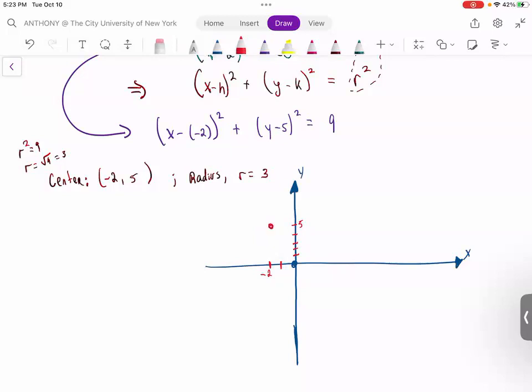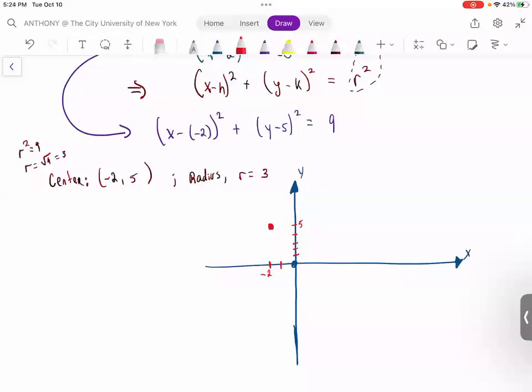If you want to get additional points, you use the idea or the definition of the radius. The radius gives you the distance between any point on the circle's boundary to the center point. So if I go 3 units up, 3 units down, 3 units left, 3 units to the right of our center, you get 4 additional points. And those 4 additional points allow you to connect them to make a circle.